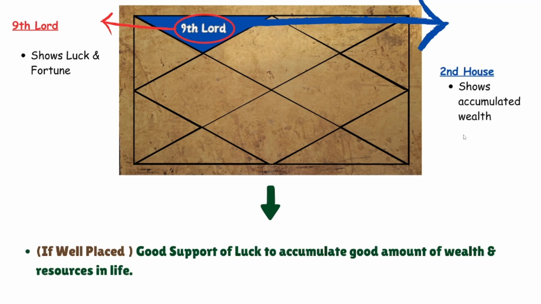Ninth lord shows luck and fortune, and second house shows accumulated wealth. So if it is well placed, then obviously it is a very good placement to accumulate a good amount of wealth, luxuries, comforts, resources in life for you as well as for your family.